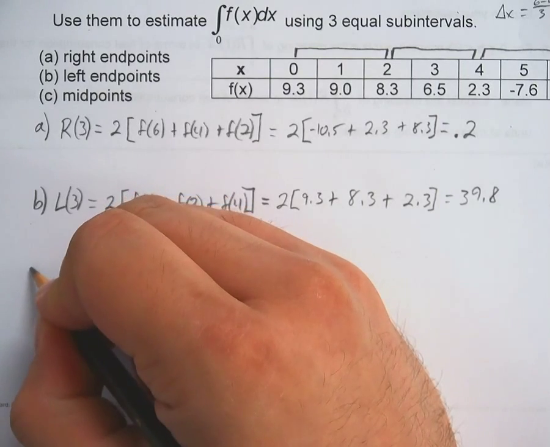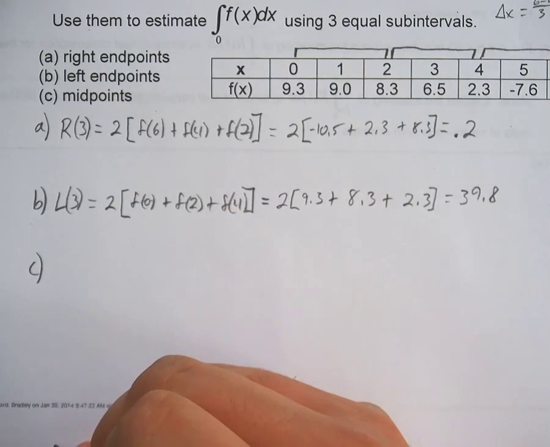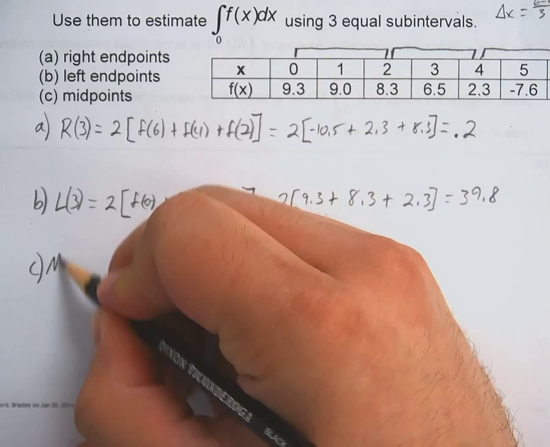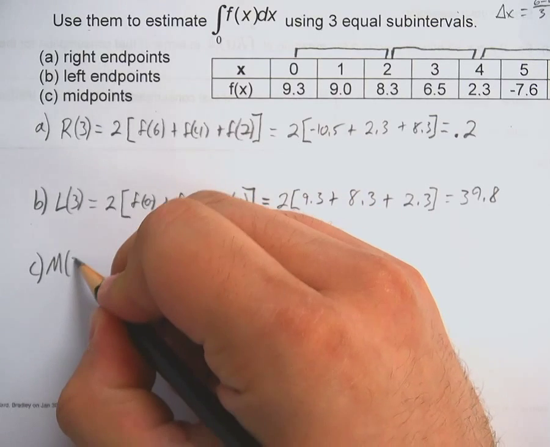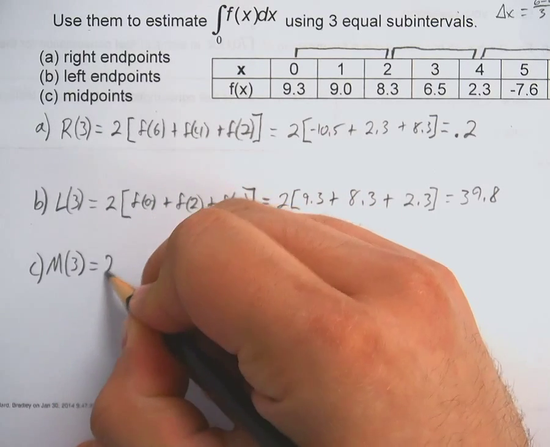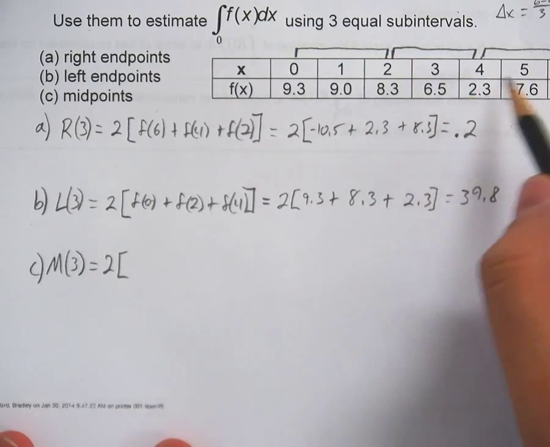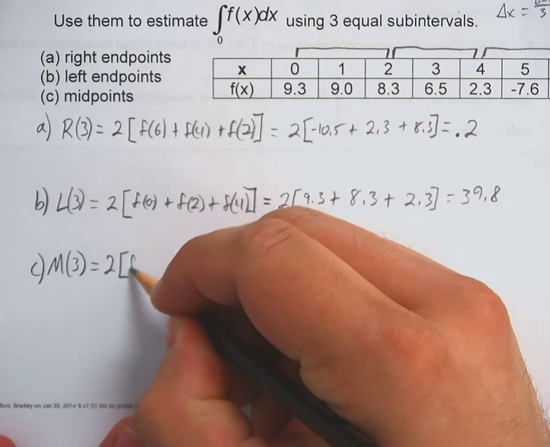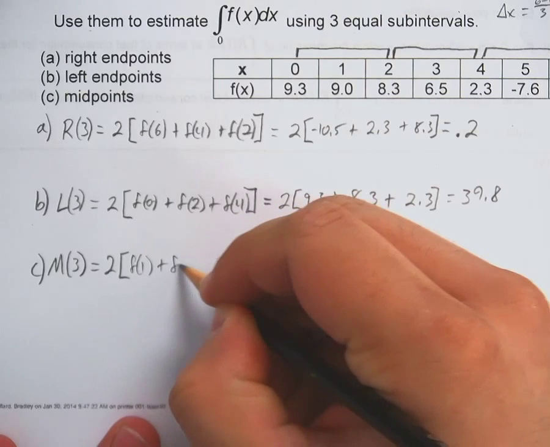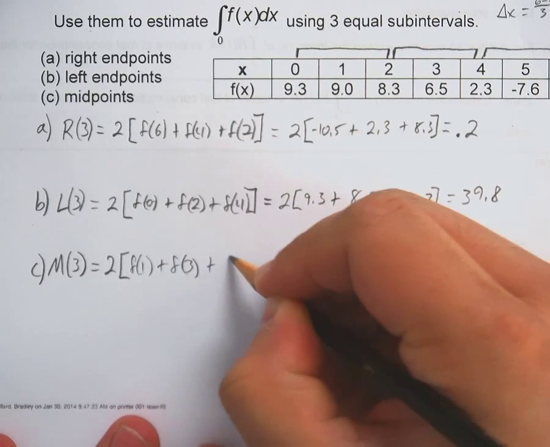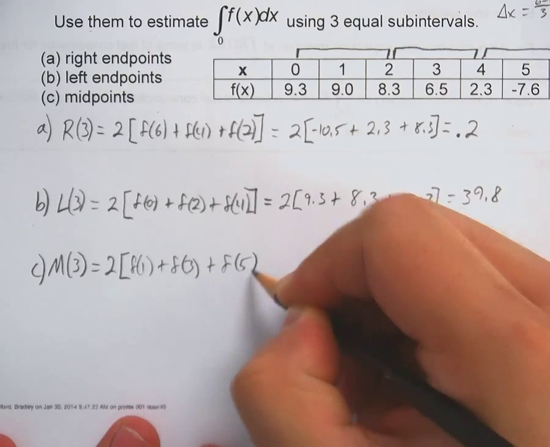Part C. Your midpoint. That good midpoint. It's delta x, and I need all them good midpoints. All the middles. The 1, the 3, and the 5. It's f of 1 plus f of 3 plus f of 5.